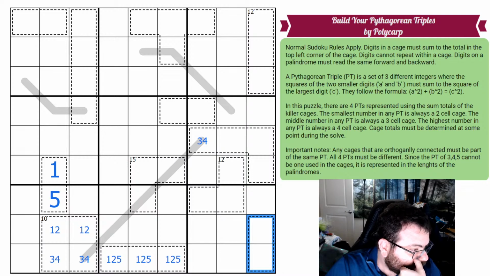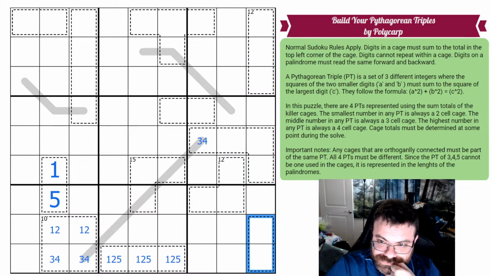So at least from the ones that Panthera gave, it would have to be 9, 12, 15. Which would work for these three. Oh, not this one.